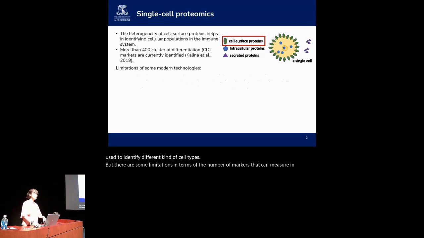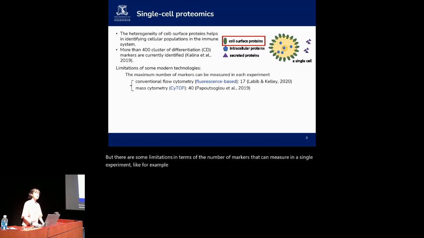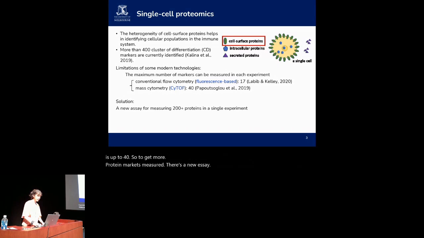For example, with conventional flow cytometry, the fluorescence-based method, the number of markers that can be measured in an experiment is around 17. And for CyTOF, it's up to 40. So to get more protein markers measured, there's a new assay called MPC.